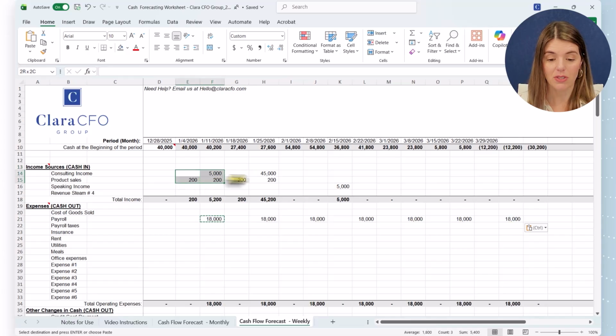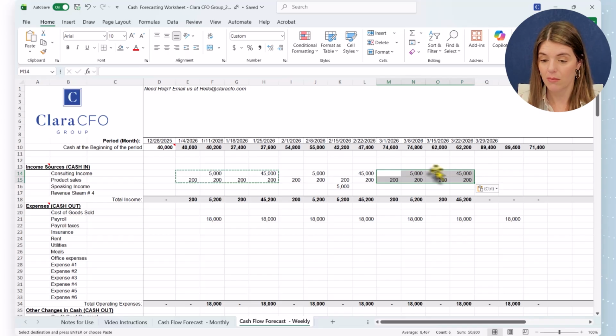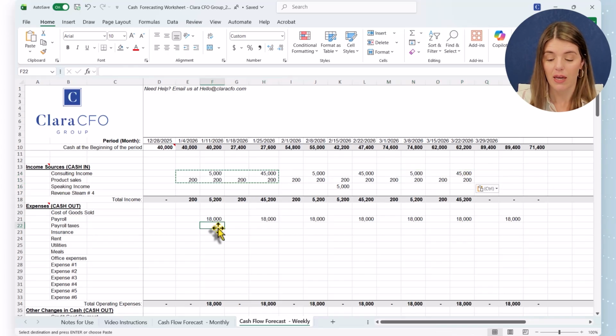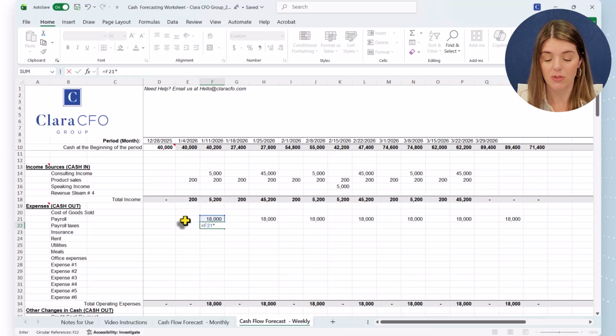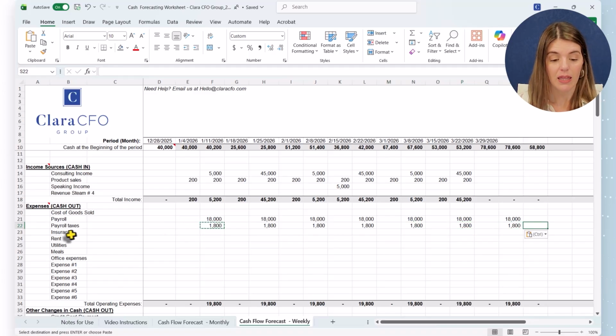Since I have a sense of what my monthly income cycles are going to look like, I'm going to put the rest of that in there as well. Okay, and maybe payroll taxes are about 10% of payroll. I'm going to put that in here. I'm just copying and pasting to make it easy. And then I should know when my insurance is going to hit.